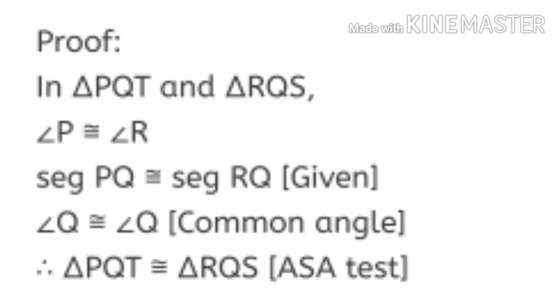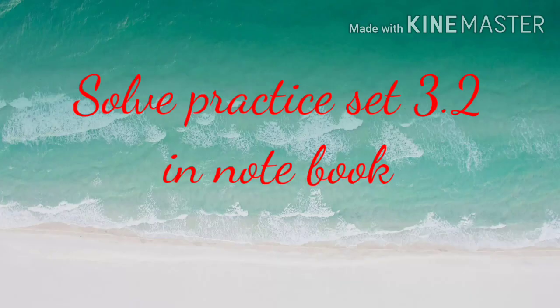In all the questions of practice set 3.2, the first step is to decide which two triangles you have to prove. Then write the congruent parts given by identical mark, and then write the common side and common angle. Then decide by which test the triangles are congruent. Then if they ask, write the remaining congruent parts. If they do not ask, there is no need to write the remaining congruent parts.